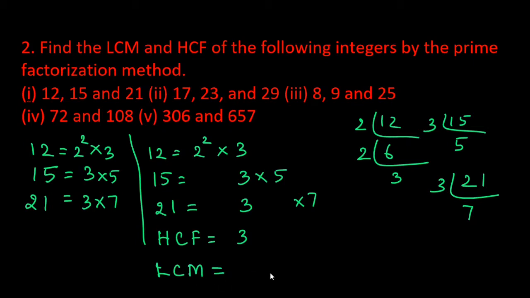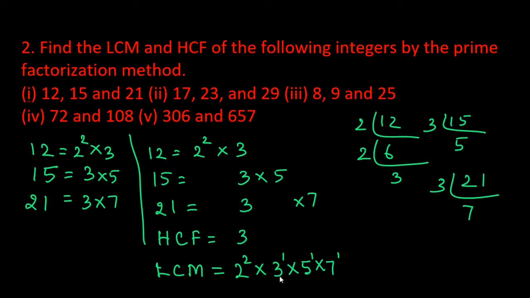Then LCM. The highest powers of all the factors involved. 2 highest power is 2. For 3 highest power is 1, 3 power 1. 5 power 1. 7 power 1.